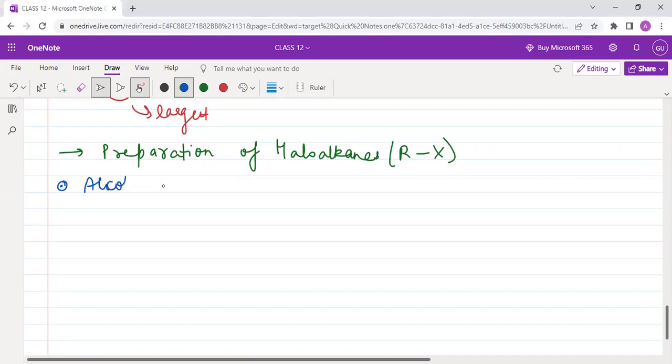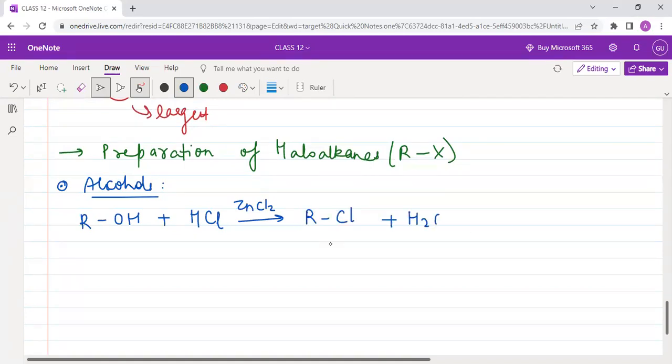Alcohol is represented as ROH, right? If we have HCl in the presence of ZnCl2, it will get converted into RCl, alkyl chloride, and along with it, water will be formed. There are many ways to prepare haloalkanes from alcohols.